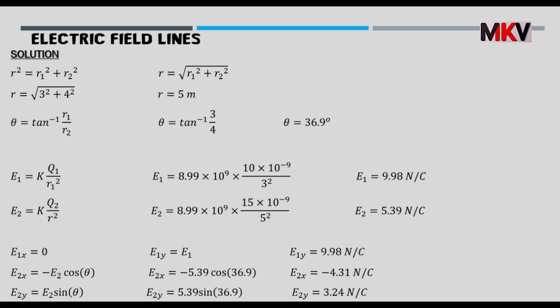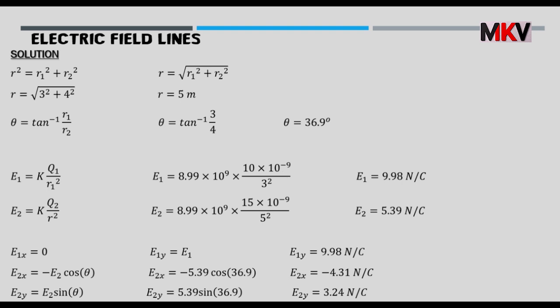We then do our substitutions and find all the values necessary for the calculation. Firstly, we go for E1. We substitute K, which we know to be 8.99 times 10 to the power 9, then Q1, 10 times 10 to the power minus 9, since nano is to the power minus 9.